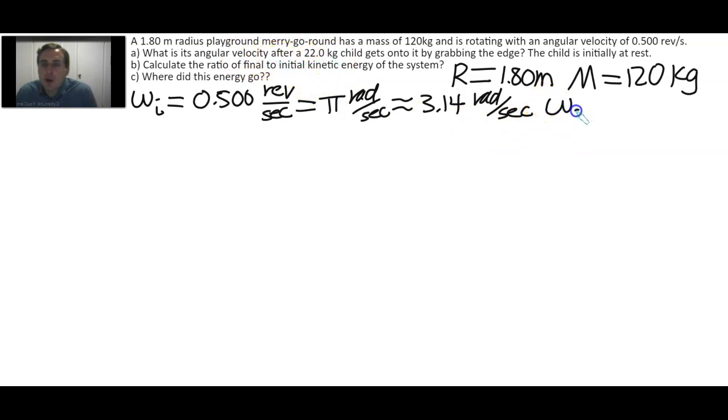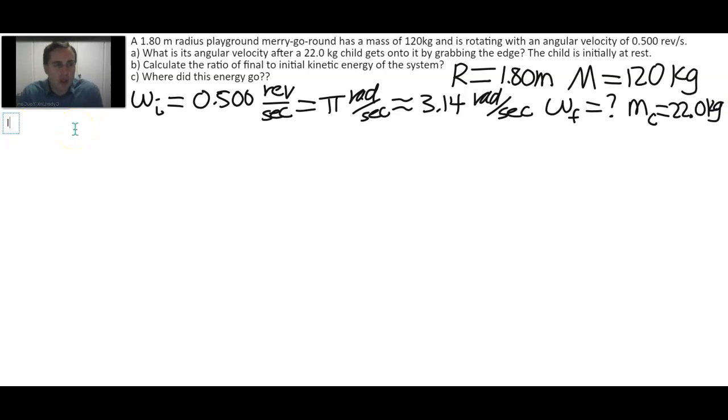So we're looking for an omega final, question mark, when a 22.0 kilogram child gets onto this merry-go-round by grabbing on the edge. So m_c, the mass of the child, is 22.0 kilograms. Well, the question is, how should we model the merry-go-round and how should we model the child?